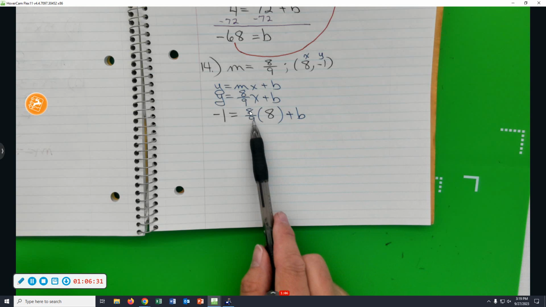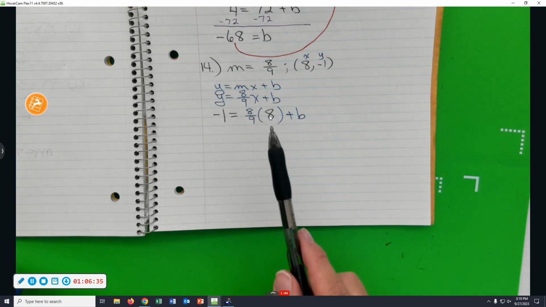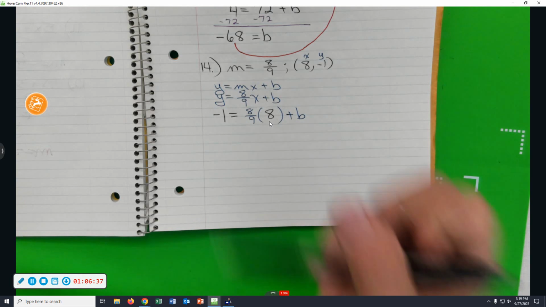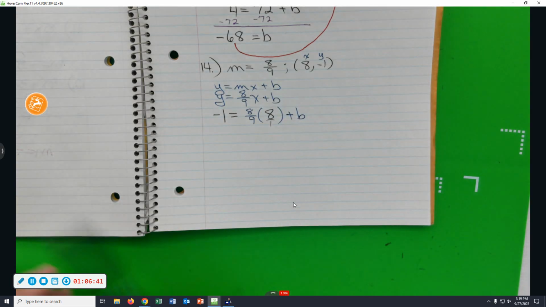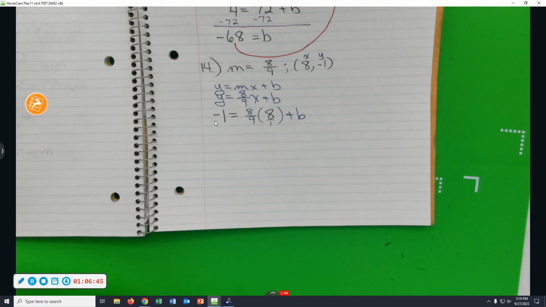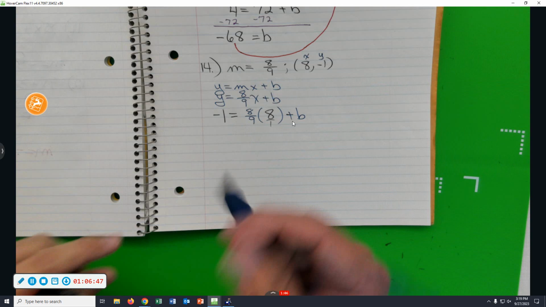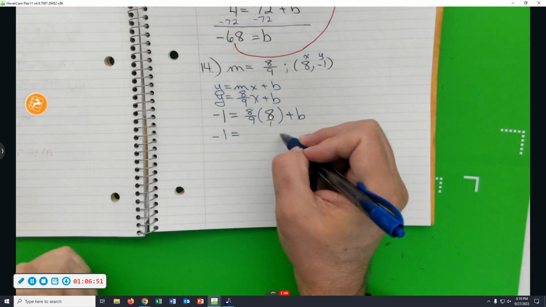I'd multiply 8/9 times 8. Don't cancel out the 8s. You can't cross cancel because that 8 is like an 8 over 1. So you can't cancel those 8s. What's 8/9 times 8 over 1? -1 equals 8 times 8, 16.